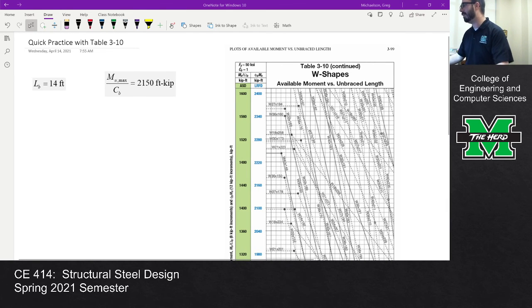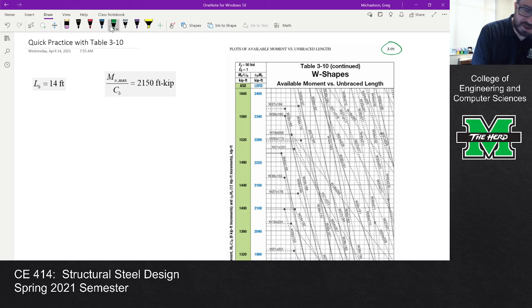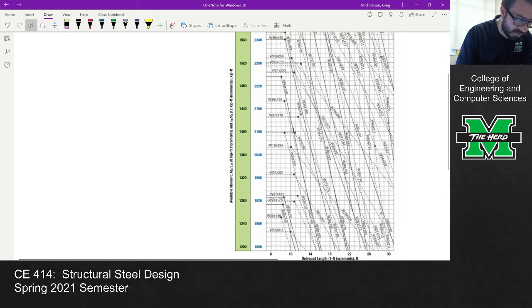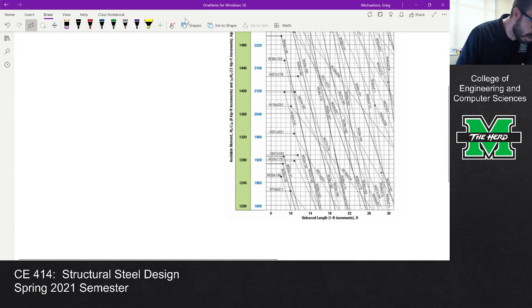Okay, somebody got a W21 by 223. Check and make sure that you're using the solid line, not the dashed line. So first off, I'm on page 3-99. I actually have that page copied right here in the notes. So we're going to see if this works. Let's go to 14 feet.